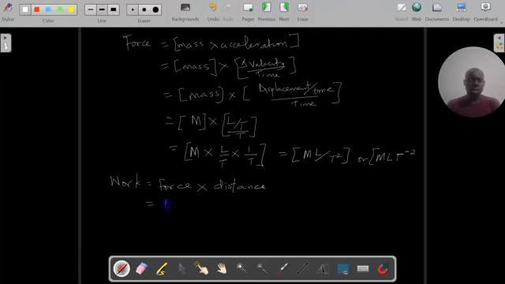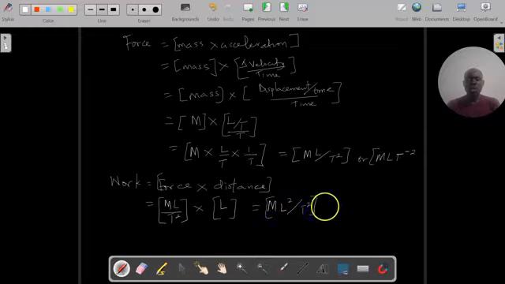The dimension of force, don't forget to put it in square brackets, is M L over T squared multiplied by L. Don't forget I said you represent distance, displacement, length, height with L. So this simply means M L squared over T squared, or you can also write it as M L squared T raised to power minus 2. So that is that on dimension.